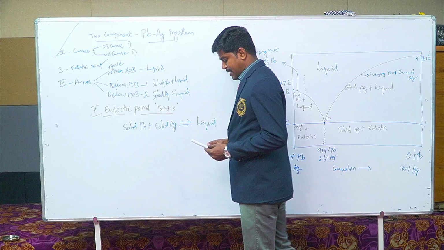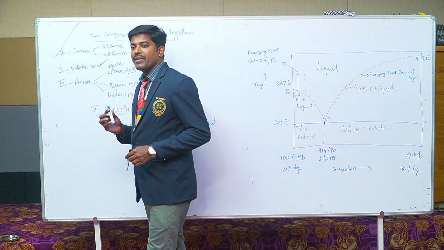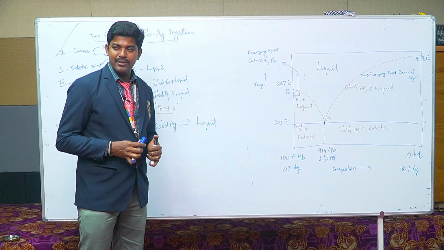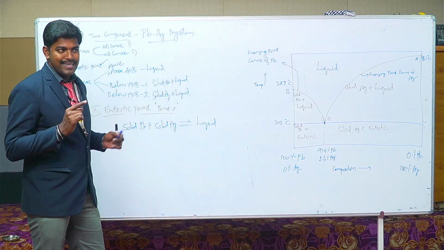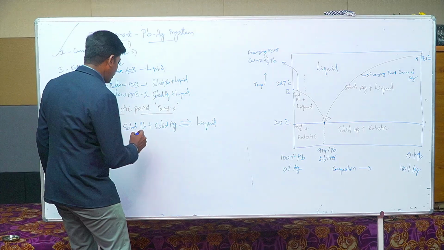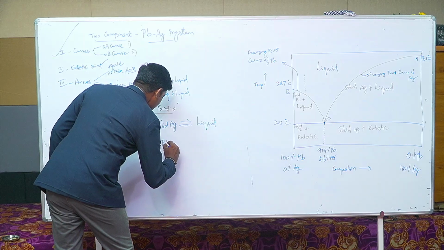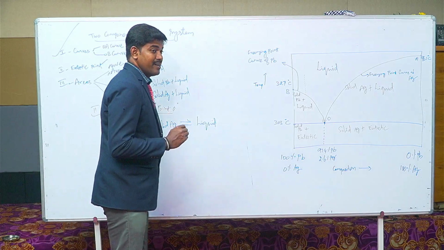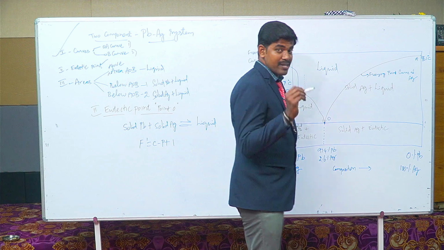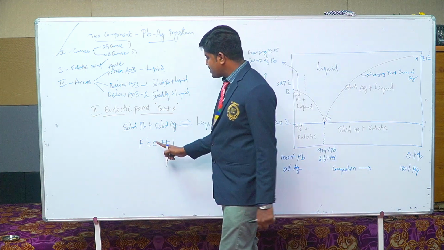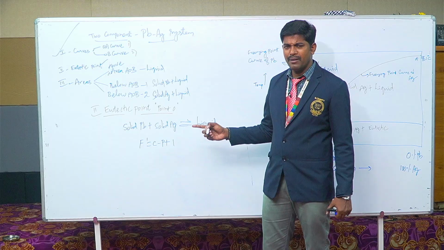Now the procedure is the same. We need to find the number of degrees of freedom for this equilibrium reaction. Again, keep in mind the reduced phase rule formula, that is F dash is equal to C minus P plus 1. If it is 2, it is not the reduced phase rule; one is the reduced phase rule. How many components are present here? The concept is simple.